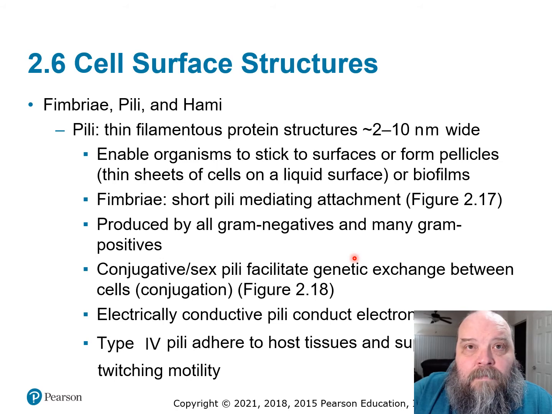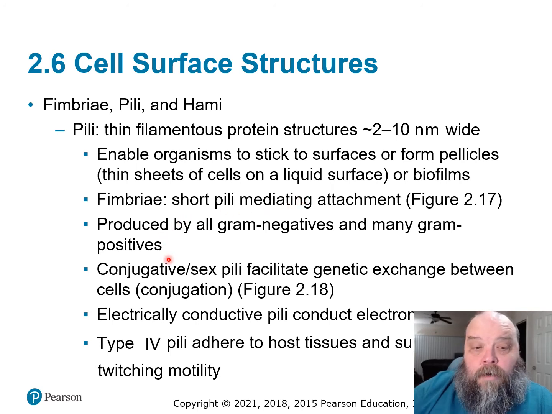Pili come in multiple forms. The first one is a shortened pili referred to as fimbria. Fimbria are more for attachment. Whereas some of the other longer pili, well, they can take on jobs such as what is referred to as sex pili. The sex pili are long projections.